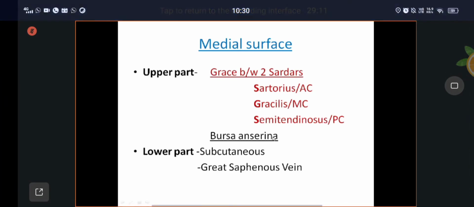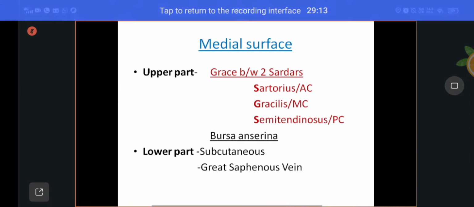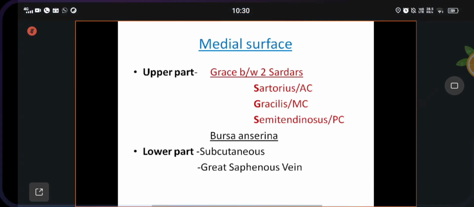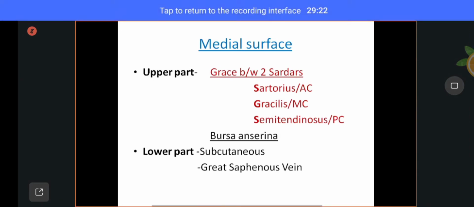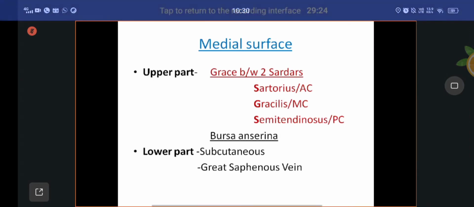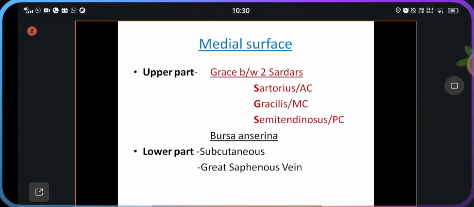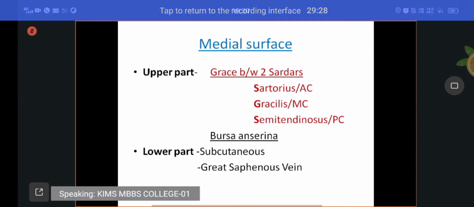All these 3 tendons are separated from one another by means of a bursa called bursa anserinus. This bursa anserinus is the most important bursa. It separates the insertions of all these 3 muscles from one another.